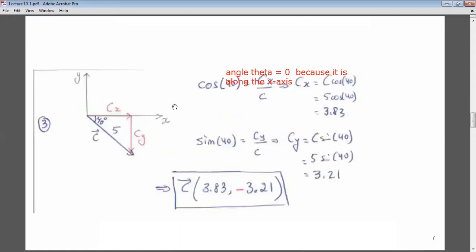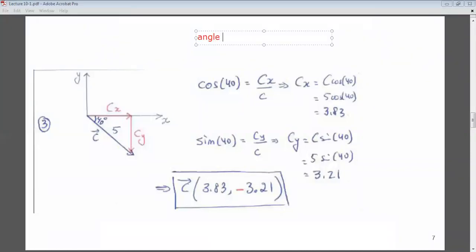Again, this is vector C. It's 5, making angle 40 with the x-axis. So the angle theta, this is below the x-axis, so we say it is minus 40.